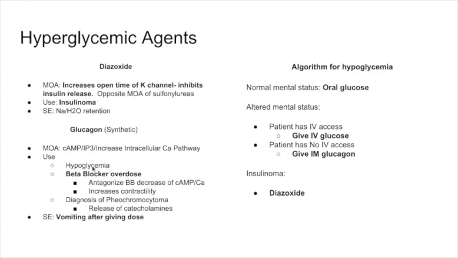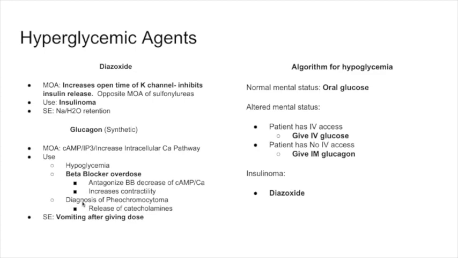It's used for hypoglycemia. It's also used for beta blocker overdose, and this is a very, very important toxicology point. The reason for that is beta blockers decrease cyclic AMP and calcium. So glucagon opposes that effect. So you can give glucagon if you have a patient that has a beta blocker overdose. It also increases contractility.